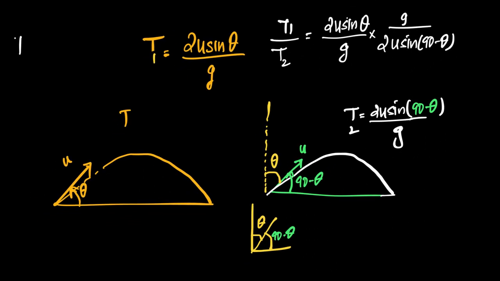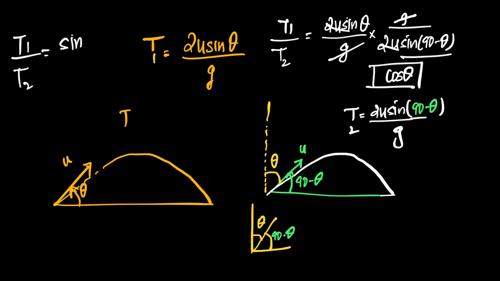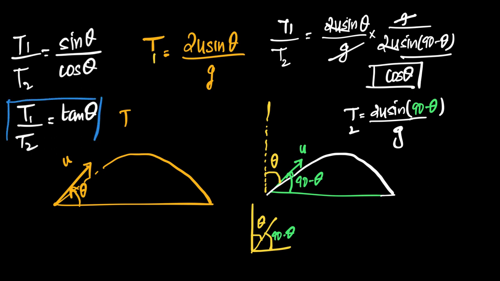Which is further equal to, g and g cancel to 1, 2u by 2u is 1, sine theta by sine 90 minus theta. Sine 90 minus theta is cos theta. So t1 by t2 is equal to sine theta by cos theta. Therefore t1 by t2 is equal to tan theta. This is a very important result that may be required while solving problems at the next level.